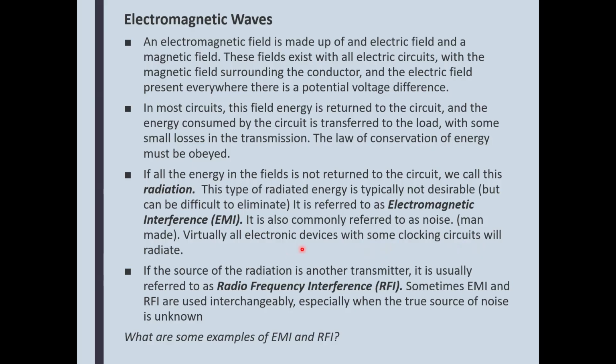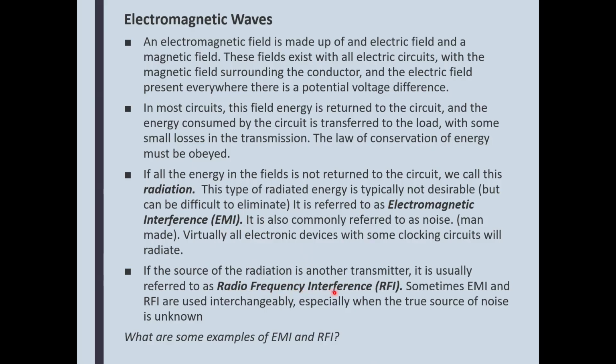It is also, believe it or not, controlled by Industry Canada in Canada, and everywhere else, as the law of the land dictates. If the source of the radiation is another transmitter, it is usually referred to as radio frequency interference. So we have two terms here: electromagnetic interference and radio frequency interference.